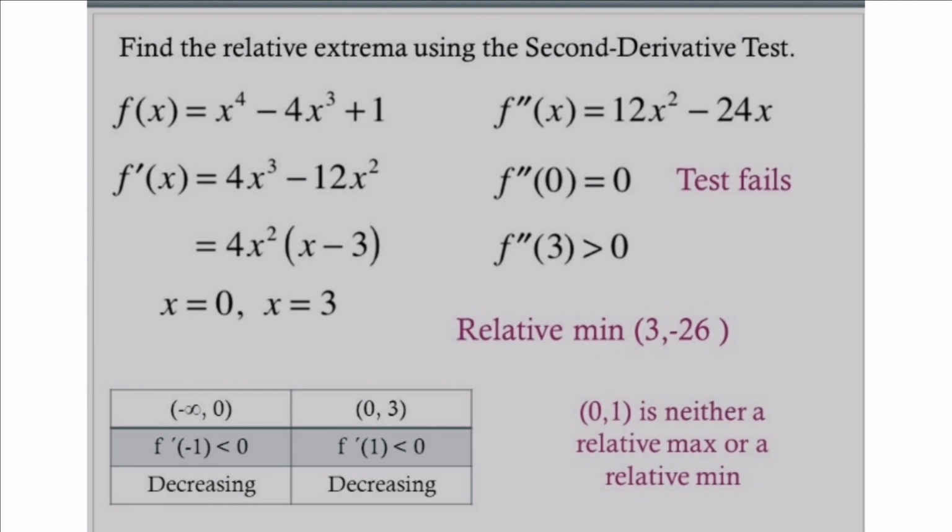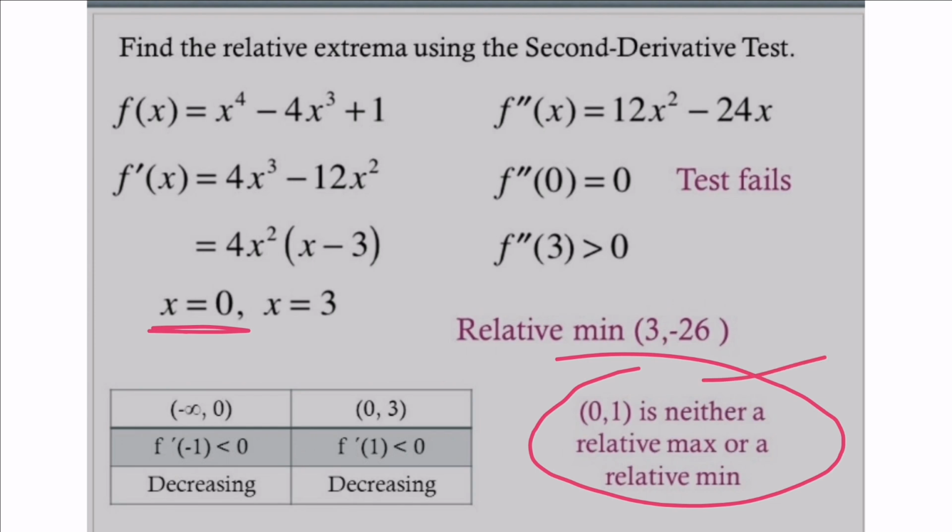So in these two intervals, the function is decreasing. So at x equal to 0, the function is neither increasing nor decreasing. Means at x equal to 0, the function has neither a relative maxima nor a relative minima. So 0, 1 is neither a relative maxima nor a relative minima of the given function f of x is equal to x power 4 minus 4x power 3 plus 1.